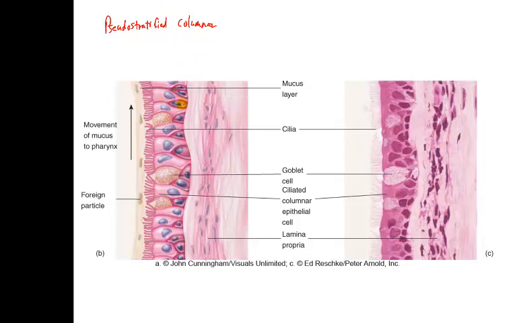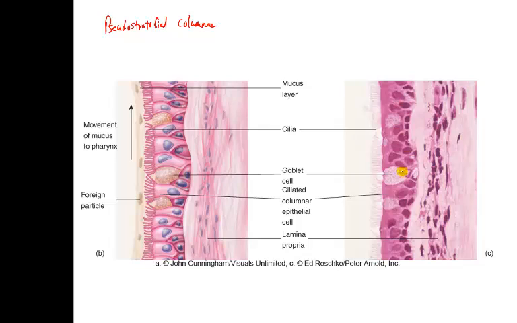Pseudostratified just means that it is sort of more than one layer, but not really. All the cells are attached to the basement membrane down here. It doesn't really matter. By the way, this is the lumen. This is the apical side of the epithelium. Here's the basal side and the basement membrane, and then here's the connective tissue beneath.